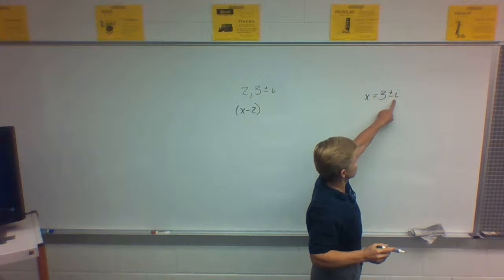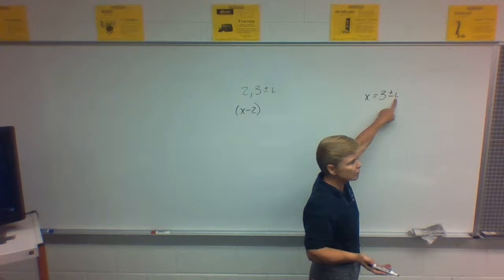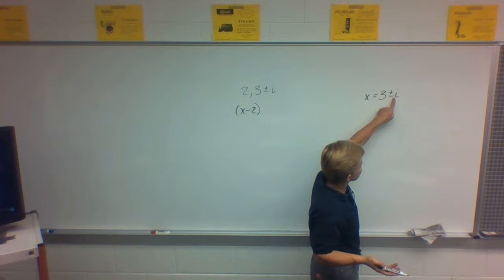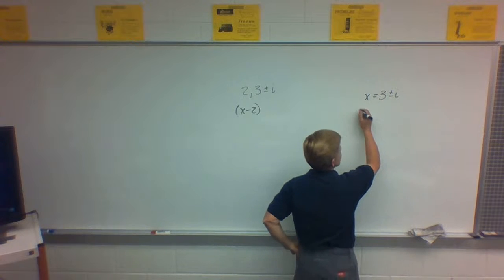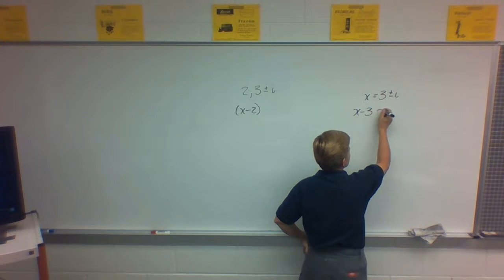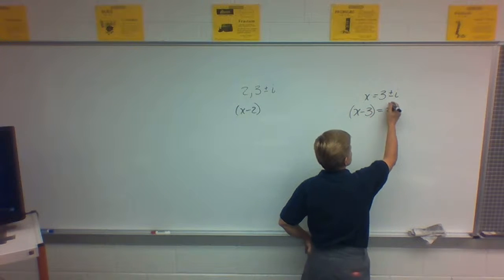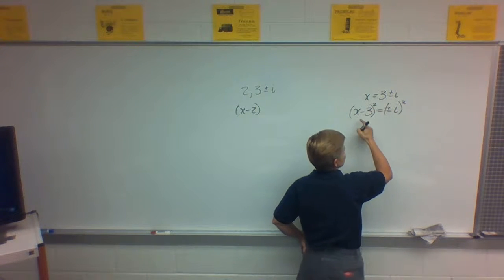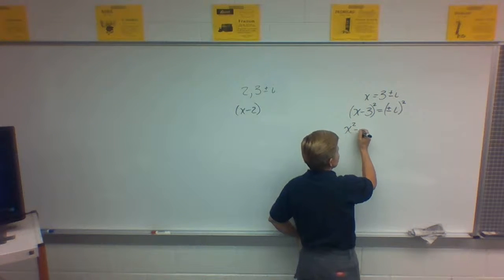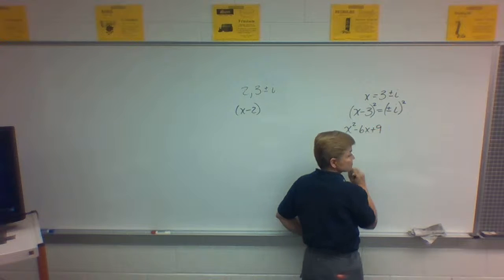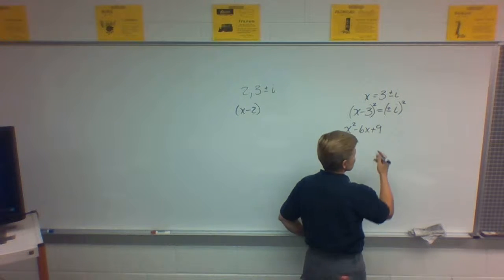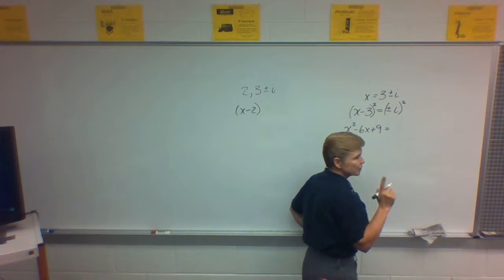And just like we did when this was an irrational number like root 2 or something, we isolate the ugly stuff. We get rid of the 3 by bringing it over, just like we did that trick with the other one. And just like the other one, squaring is going to clean things up. If you square this, you get x squared minus 6x plus 9. Can y'all do that quickly? This one you got to be a little bit more careful on.